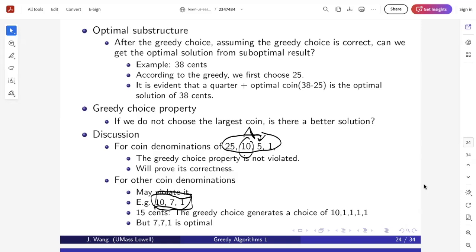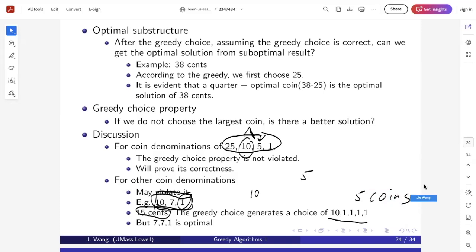Then in this case, we don't have the greedy choice property. For instance, if I have 15 cents and I use a greedy choice, I will first use 10 cents, and then I will have 5 cents left. Since according to this denomination we can only use 1, then you got 5 coins here.